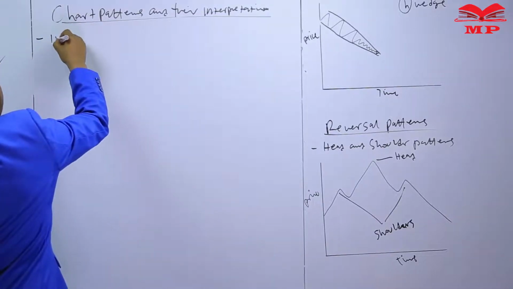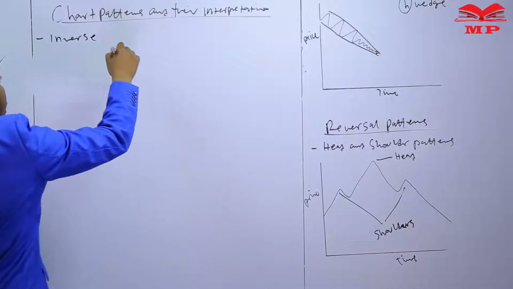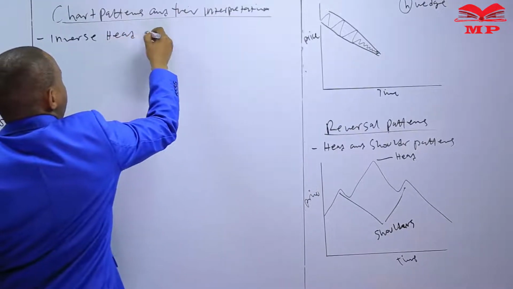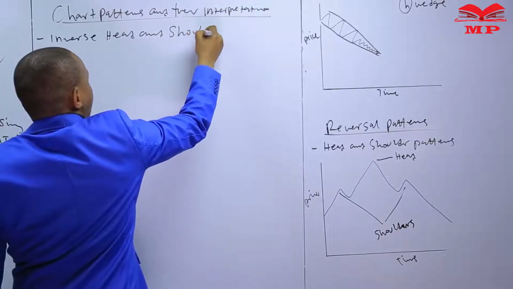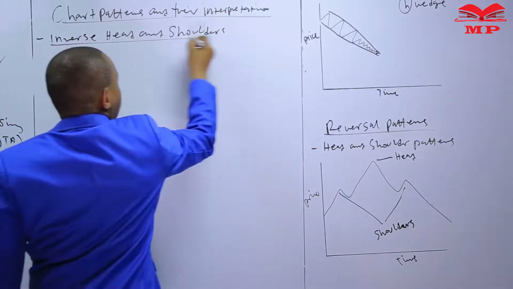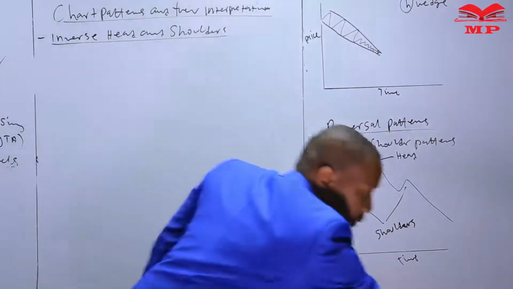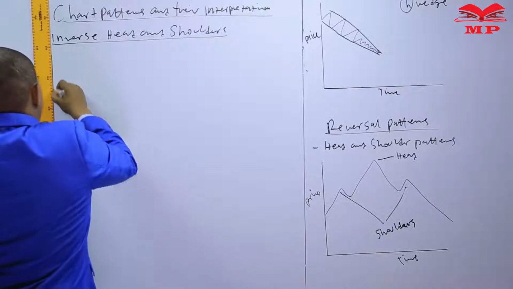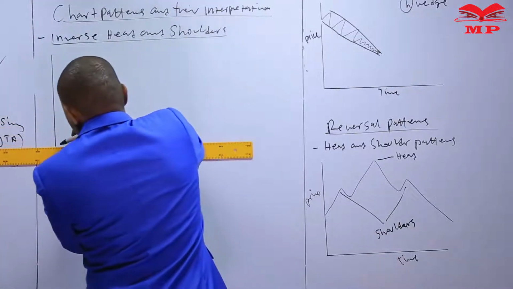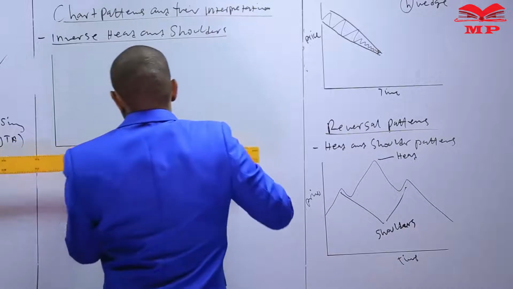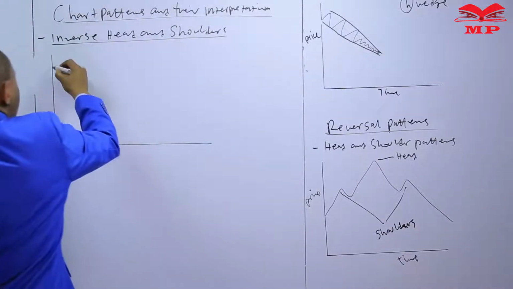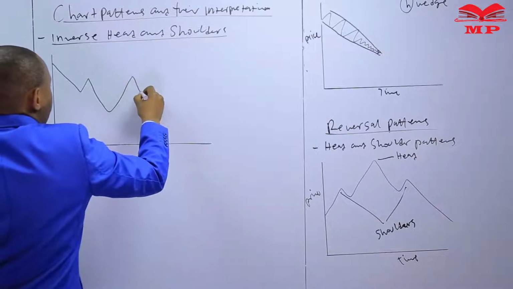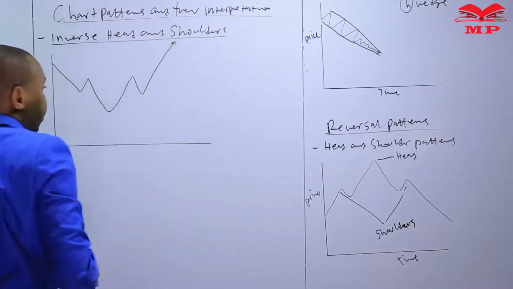We can say inverse head and shoulder, inverse head and shoulder. So inverse head and shoulders, just very quickly. It's just the opposite of that. So you have like that.